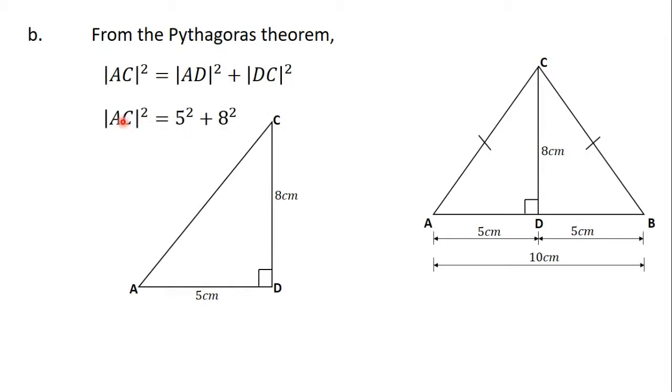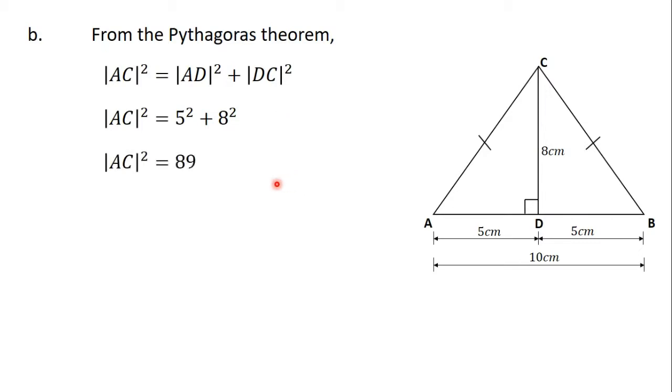We are looking for AC. So AC squared is equal to AD is 5 centimeters, so 5 squared, plus DC is 8 centimeters, so 8 squared. And this is going to give us AC squared is equal to 89. We take the square root of both sides, and AC is giving us 9.4 centimeters. That means that from A to C is 9.4 centimeters. But since this is an isosceles triangle, if AC is 9.4 centimeters, then BC is also 9.4 centimeters since the sides are the same.